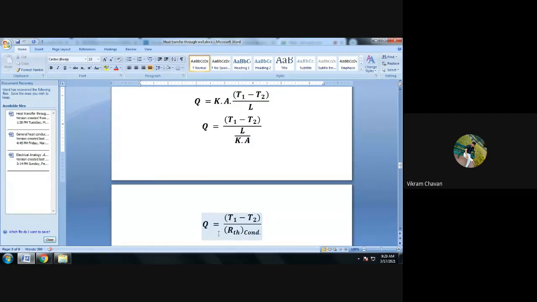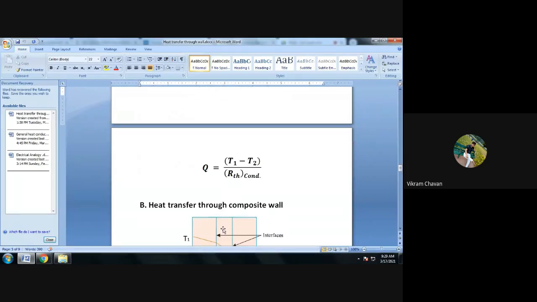Therefore, Q is equal to (T1 minus T2) divided by R_th conduction.